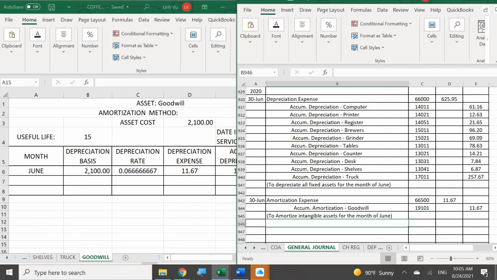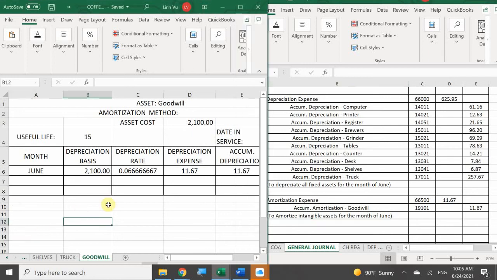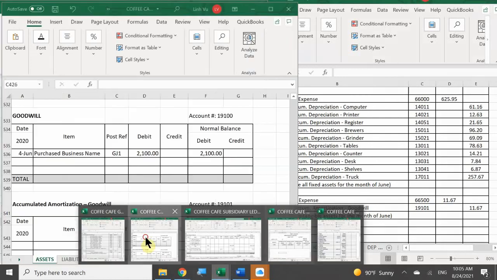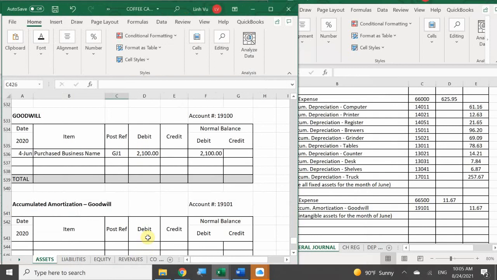Okay. So now that our journal is completely done, your depreciation table is also done. So you can close your depreciation table if you like, because you have everything you need on your journal. And of course, every time we do a journal entry, you must update your ledger.